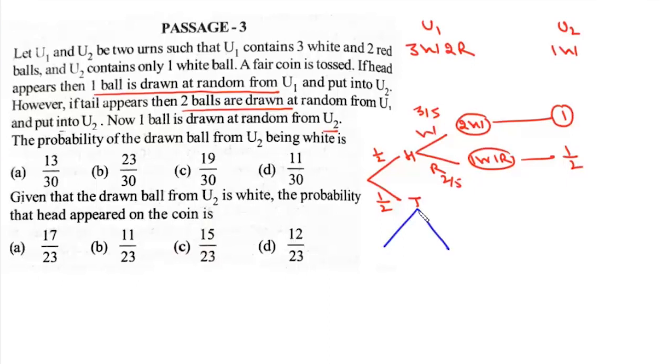Either the transferred balls will be 2 white or 2 red or 1 white and 1 red. Now the probability of choosing 2 white will be 3c2 upon 5c2. It will be 3 by 10.